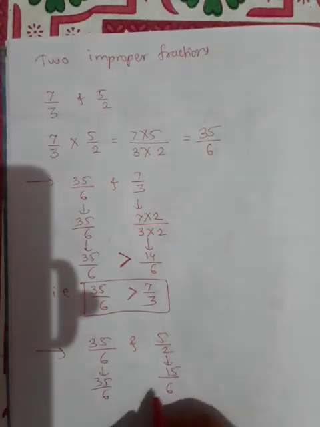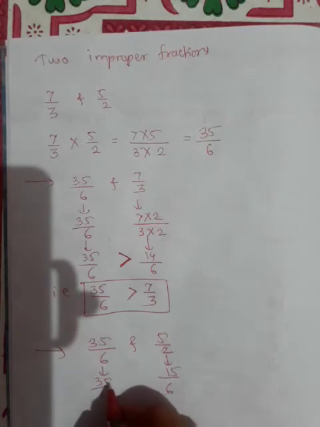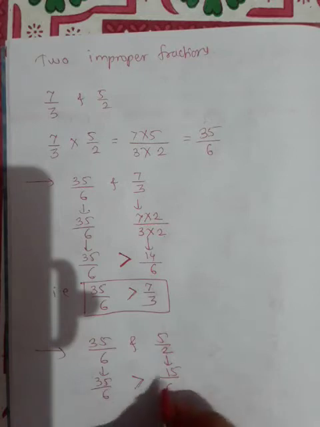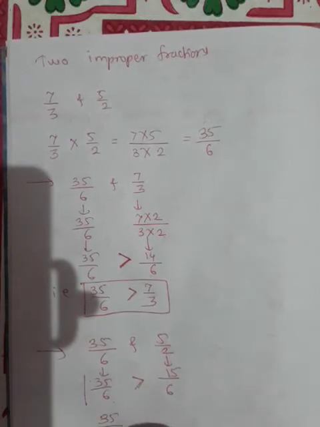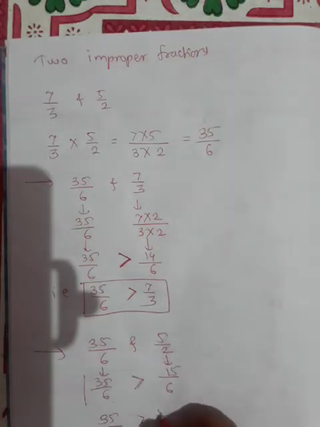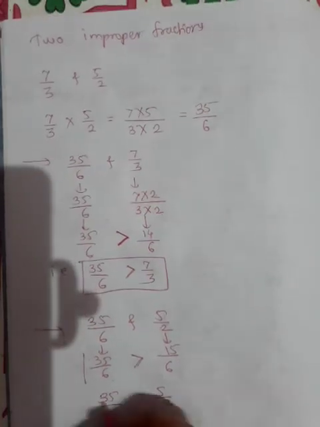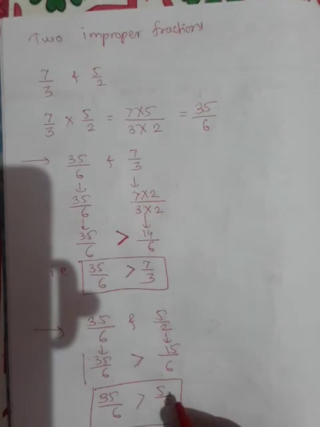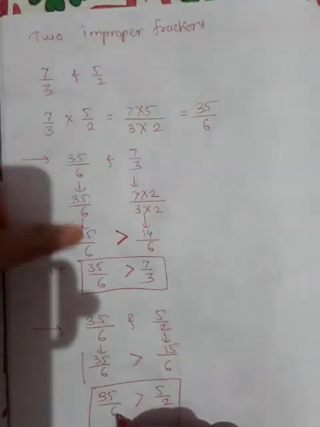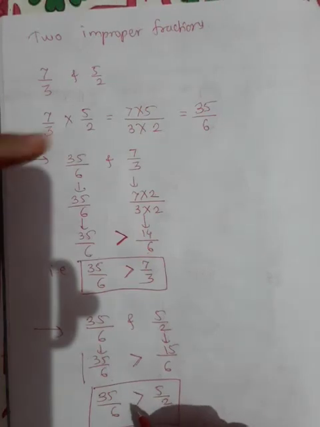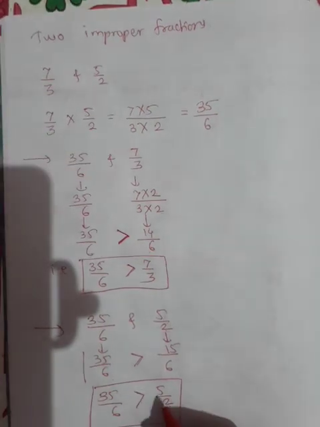Here denominators are the same, 35 is greater than 15, therefore 35 by 6 is greater than 15 by 6, and 15 by 6 is nothing but 5 by 2. So we have got that this product 35 by 6 is also greater than the second fraction 5 by 2.